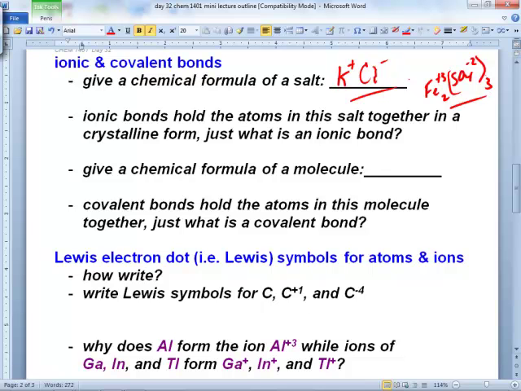Okay, a molecule. Eric, how about a chemical formula of a molecule? And you can't say H2O. I'll give him a guide. You can't name a what? It's just an M. Metal.